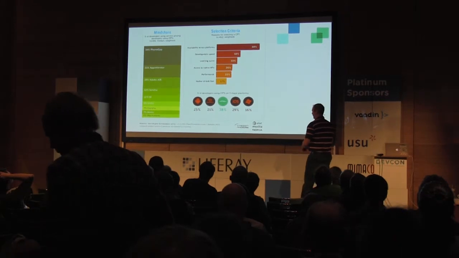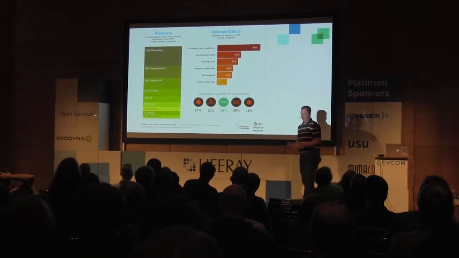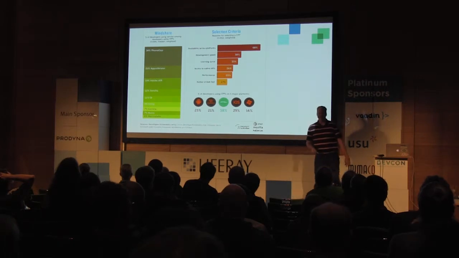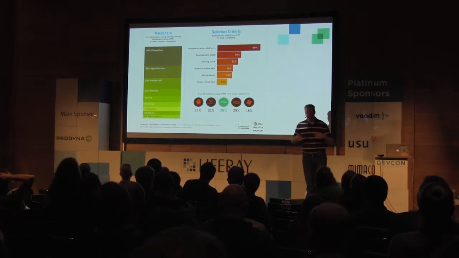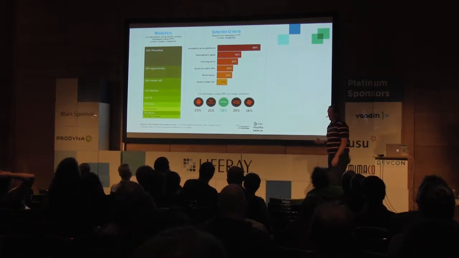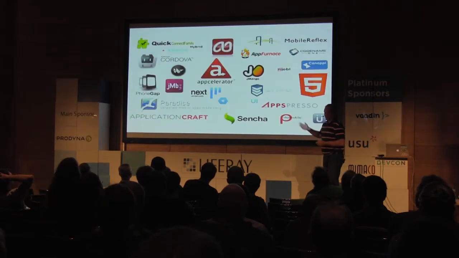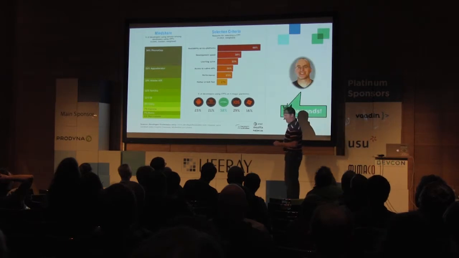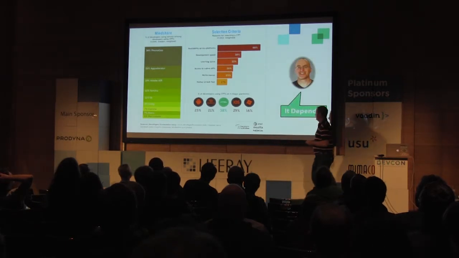Development speed, how quick is it to learn this new technology if it's new? How much native access do I get? How fast is it? Does it line up with the native look and feel? So all of these are reasons you should consider when you're trying to decide which of these frameworks you want to use. Okay, so again, Olaf, it depends.